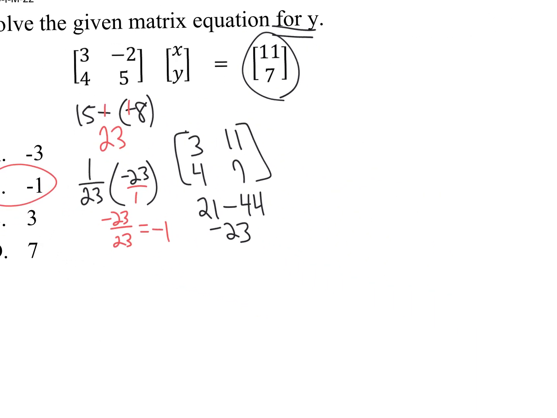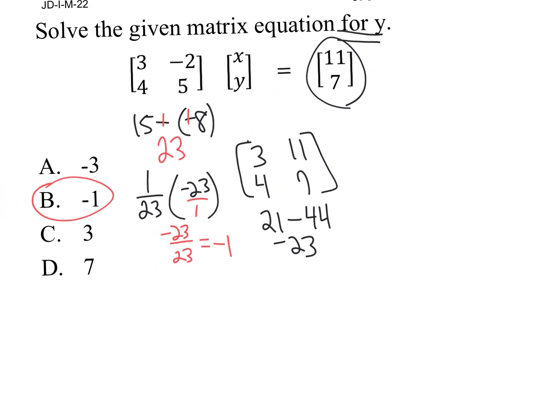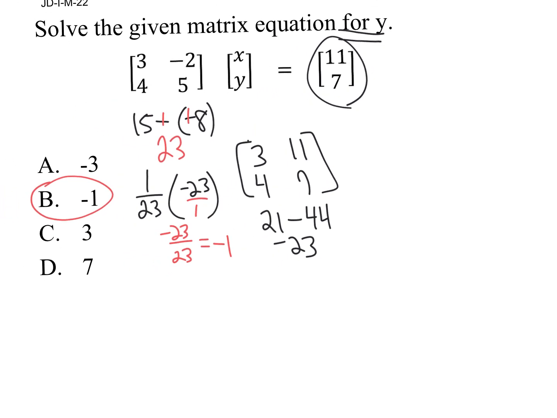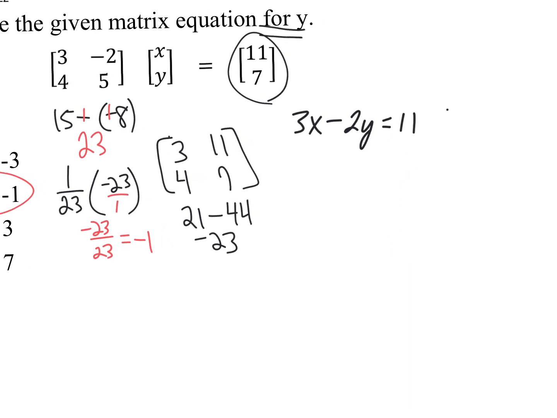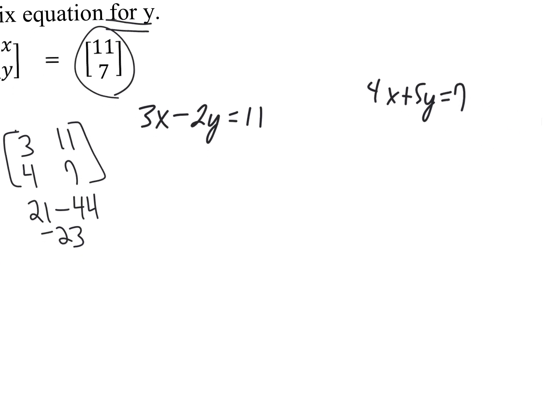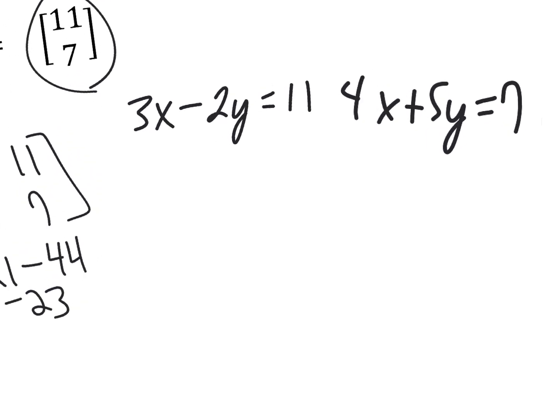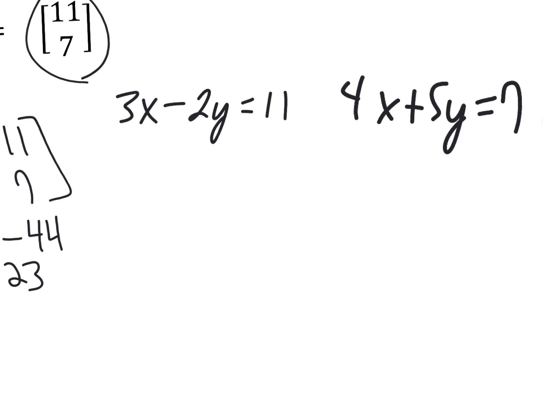If you were doing this by hand, the other way we talked about, if you were trying to find what y was equal to: these are 3x minus 2y equals 11, and 4x plus 5y equals 7. If we're trying to find what y is, then we want our x's to cancel out. Think about your x's as if they were denominators. If you had 3 and 4 as denominators, the common denominator would be 12.